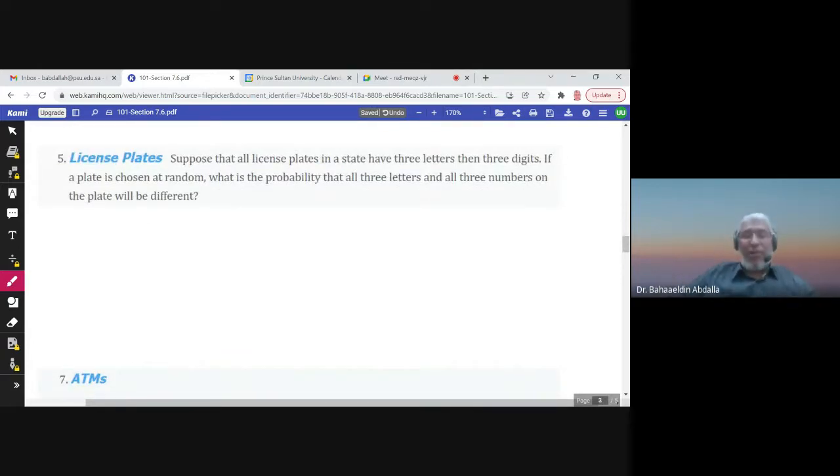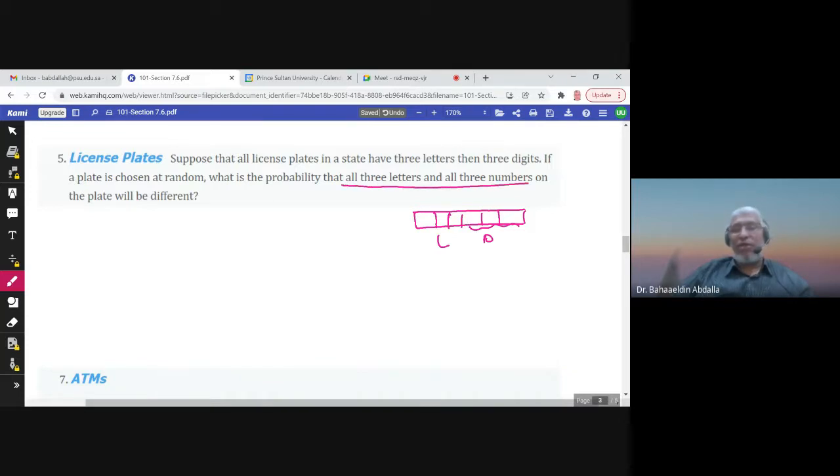License plates. Suppose that all license plates in a state have 3 letters, then 3 digits. If a plate is chosen at random, what's the probability that all 3 letters and all 3 numbers on the plate will be different?